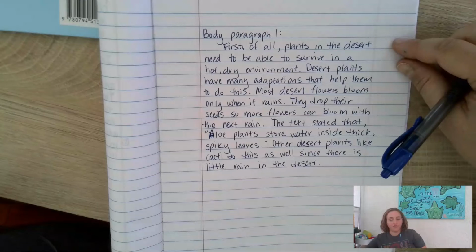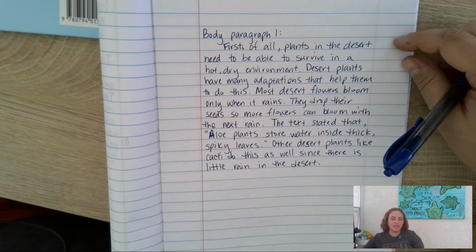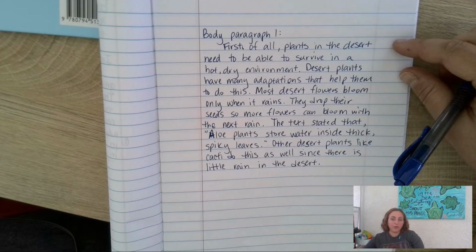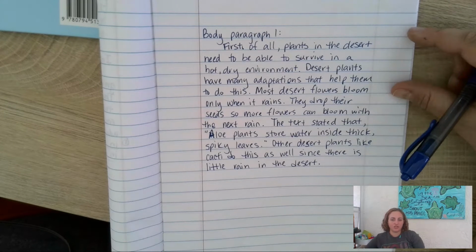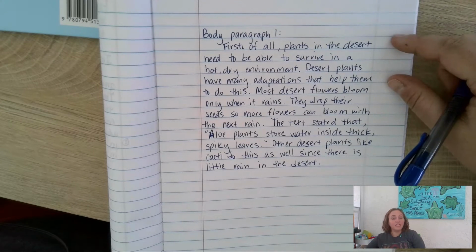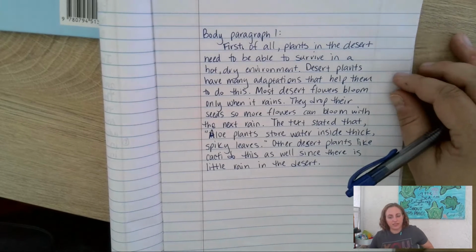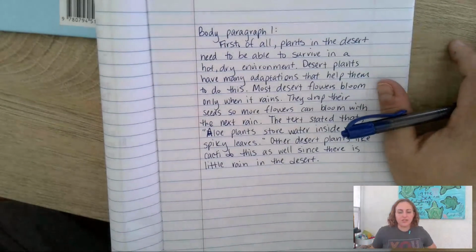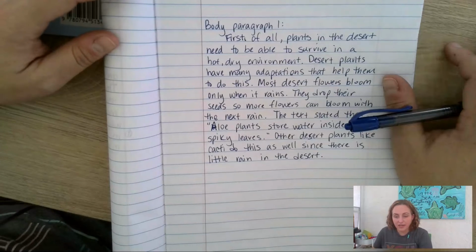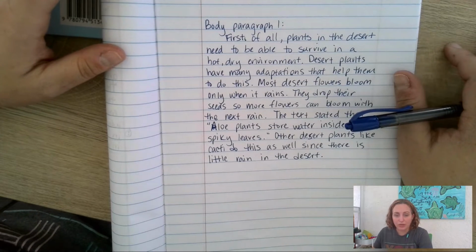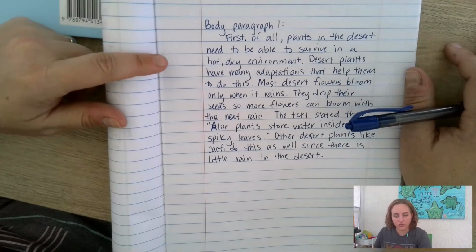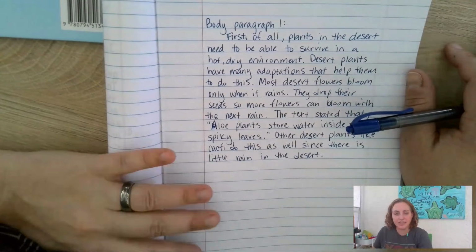Do you see how much information I gave you? I didn't just say that desert plants have adaptations. I didn't give you one, I gave a couple of examples of adaptations. I really explained it so that you can understand the adaptations that desert plants have. Now you have a good idea that there's plants that don't bloom until it is raining, and that other plants store water to help them to have water even when it's really dry. Okay, so that is an example of a body paragraph.